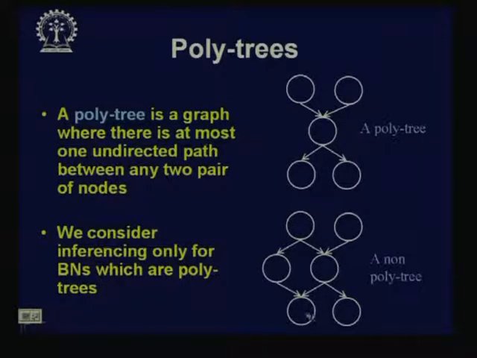Here there is only one path, but from this node to this node I have got two paths like this. So, this is a polytree and this is not a polytree. We will restrict our cases to only those where it is a polytree.